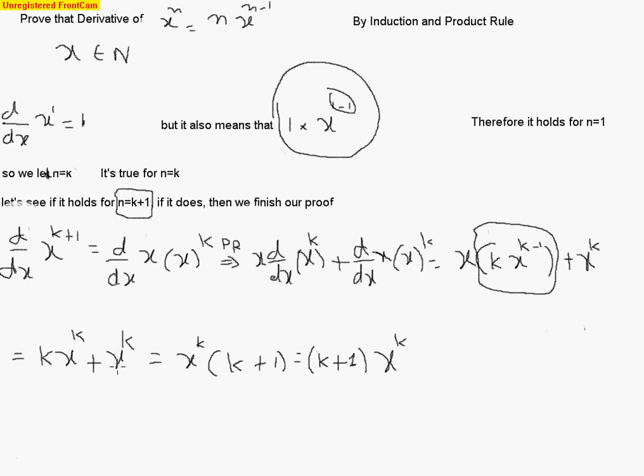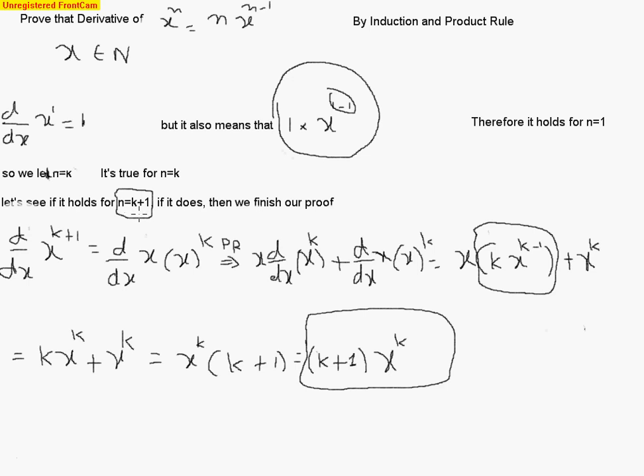Now we're going to factor out x to the k power, and we're left with k plus 1. It might not look like we are finished, but we are, because k plus 1 represents n, which we established earlier.